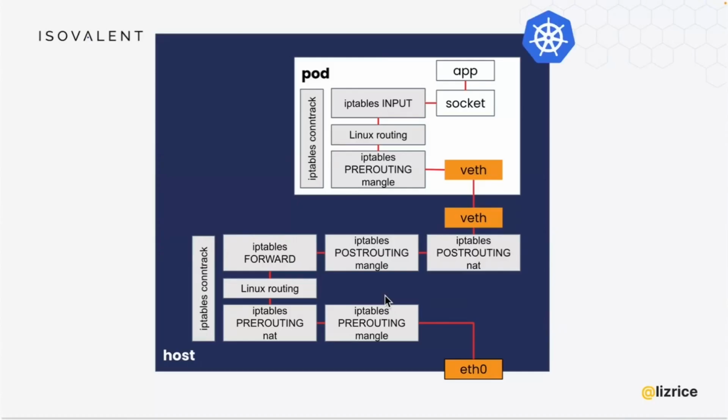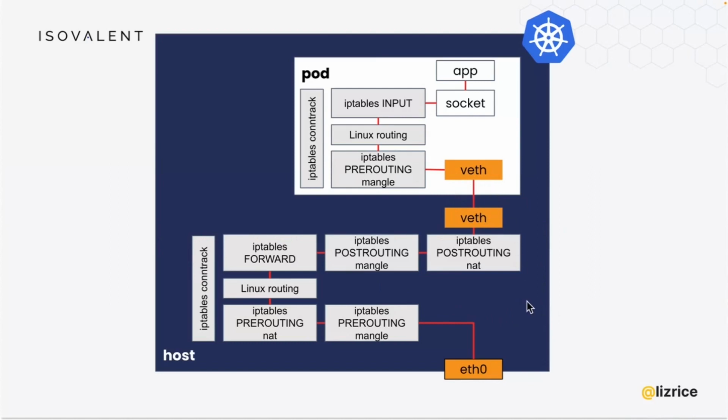So traditionally, in container networking or Kubernetes networking, our pods run in a separate network namespace, and that means they have a separate networking stack. And that networking stack is connected to the host's networking stack through a virtual Ethernet connection.